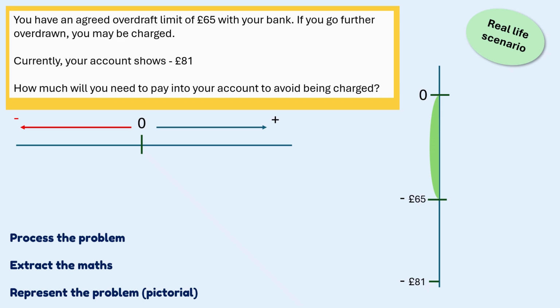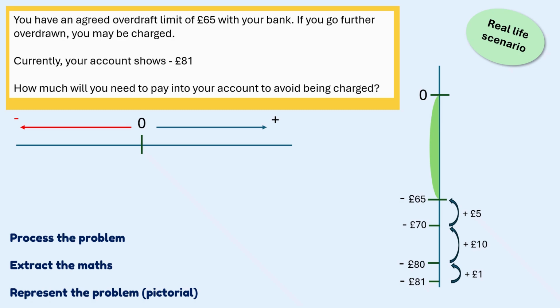So I could think to get up to minus 80, I would need to go up 1 floor, or thinking about the context of pounds, I'd need to add £1. From minus 80, if I went up 10 floors, I would now be on minus 70. And now to get from minus 70 to minus 65, I'd need to go up another 5 floors or add on another £5.